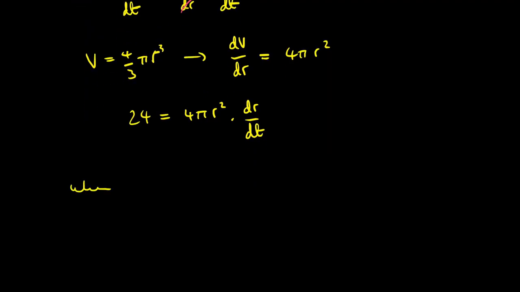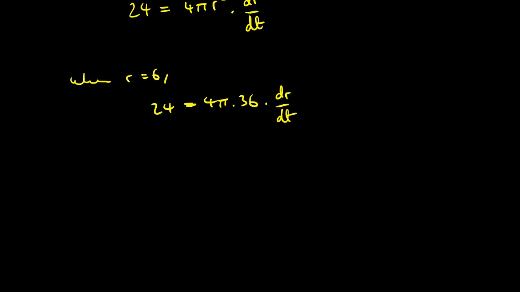So when r is equal to 6, 24 is equal to 4 pi times 36 times dr/dt. If we rearrange, dr/dt is going to be equal to 24 divided by 4, that's 6, over 36 pi.